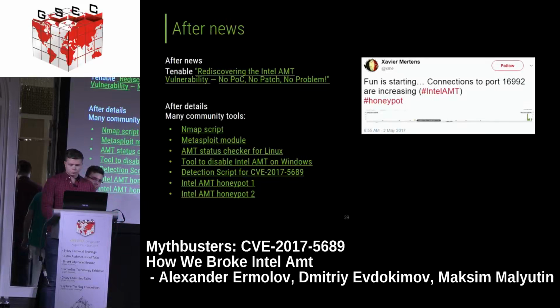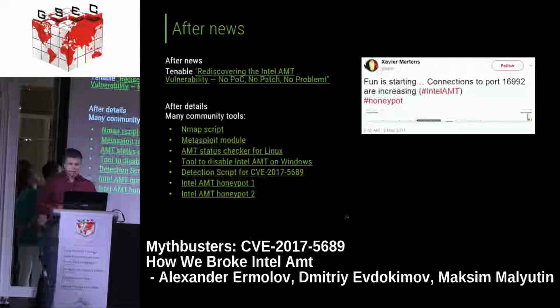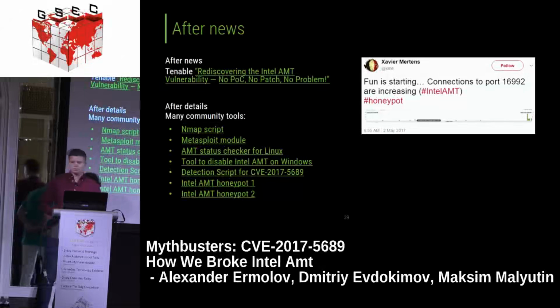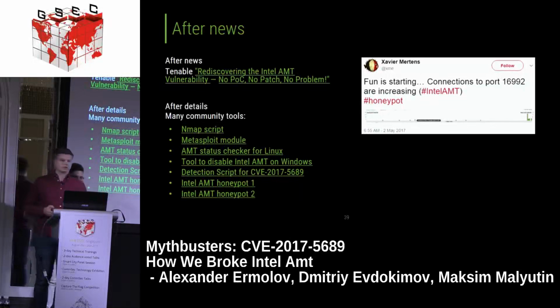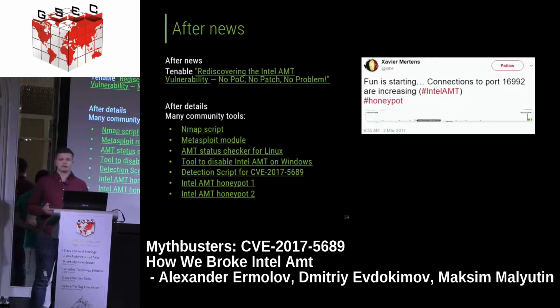So, about mitigations. After a blog post went public, a network security company was able to rediscover our vulnerability, despite not having any access to the technical details of the vulnerability. It is really impressive work.